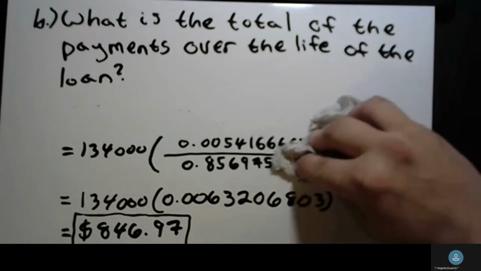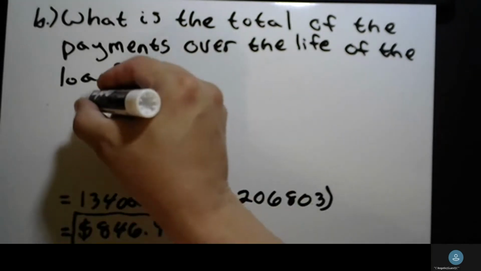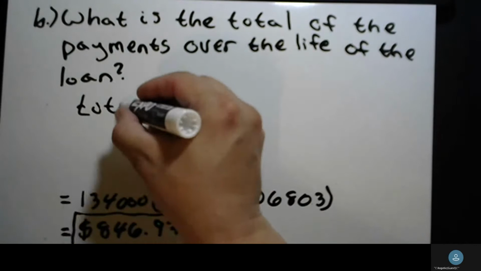So each month, we're going to make a payment of $846.97. So let's figure out the total number of payments.